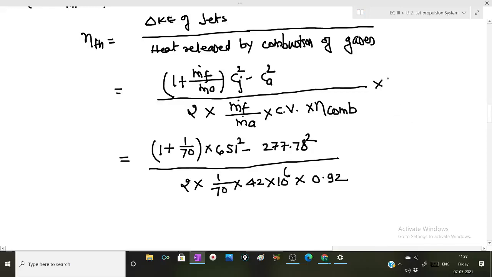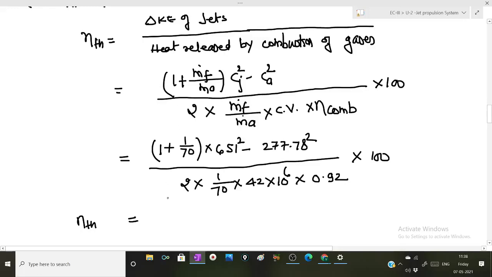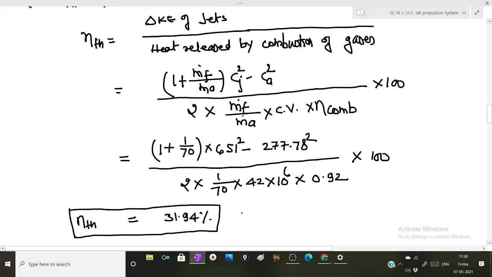And this is efficiency, so 100 will be suffix. So thermal efficiency comes out 31.94%. So this is the required answer, number 4. All these are based upon the performance terms I have discussed for turbojet engine.